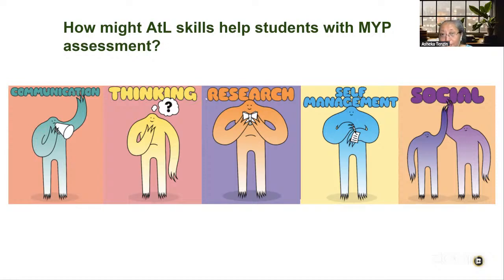If their research skills are good, then only they will be doing very well in those criteria. Of course, thinking and communication come in all assessments because the students have to communicate either in oral presentation or in their written assessments. And also the thinking because they would be using critical thinking skills in order to answer their questions. So all the skills are being developed and they help in the assessments.